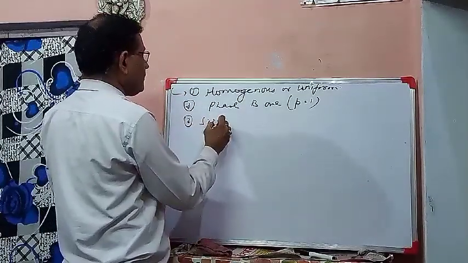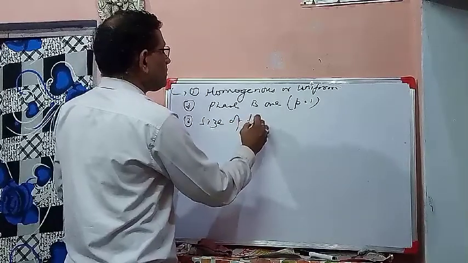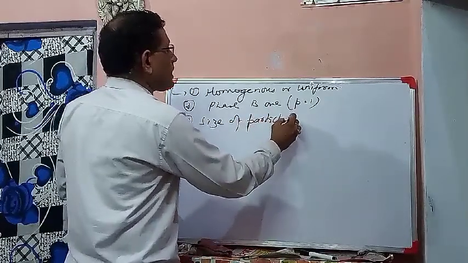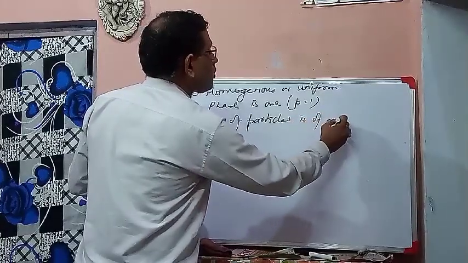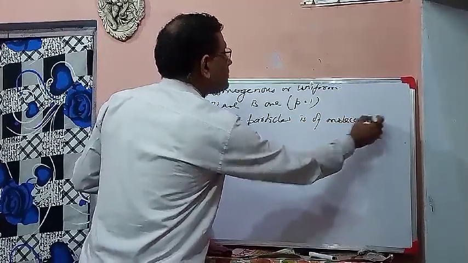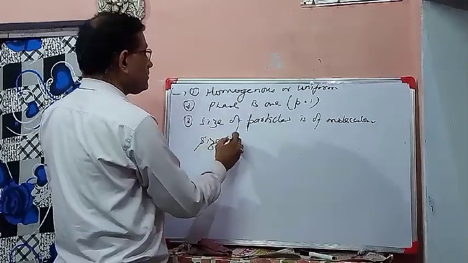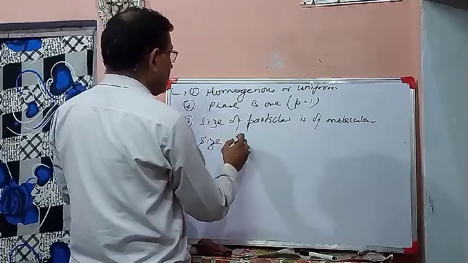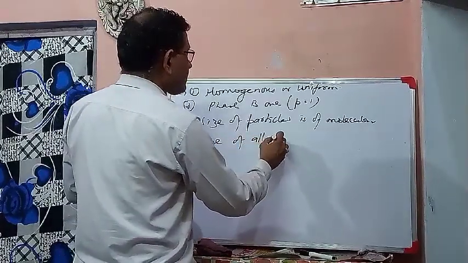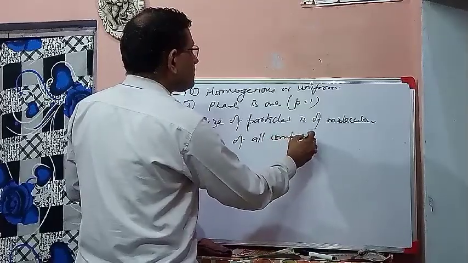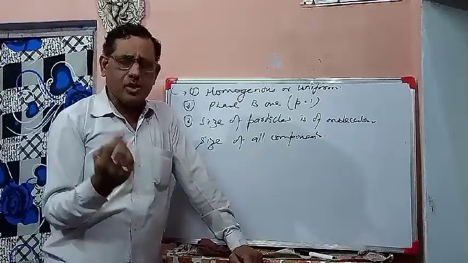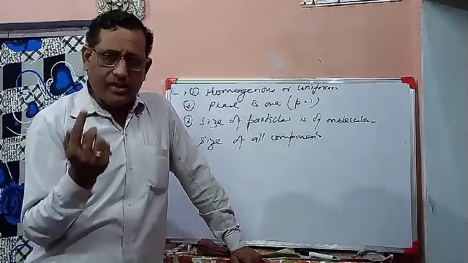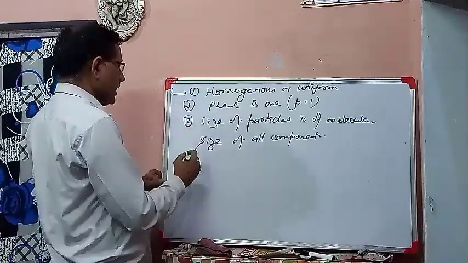The size of particles is of molecular size, of all components. जितने भी components हैं सभी का जो size है वो molecular size में होगा, similar size में आपको दिखाई पड़ेगा.